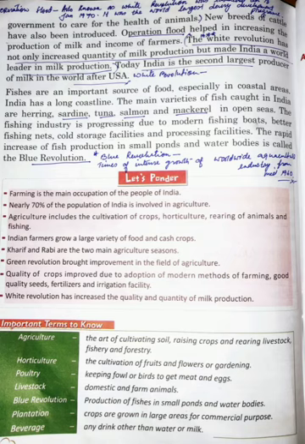So the main varieties of fish caught in India are herring, sardine, tuna, salmon, and mackerel. The fishing industry is progressing because of modern fishing boats, better fishing nets, cold storage facilities, and processing facilities. And the rapid increase of fish production in small ponds and water bodies is called blue revolution.